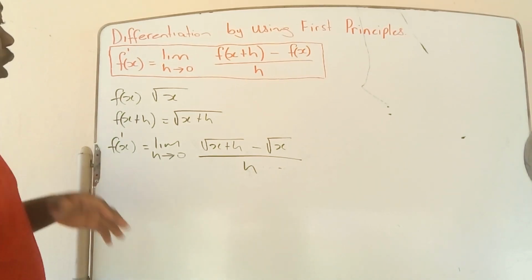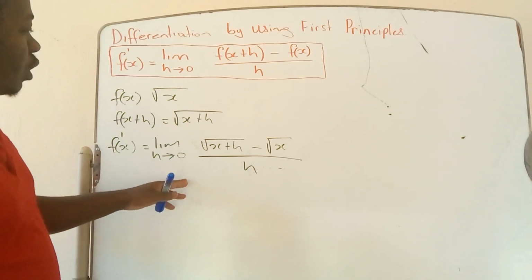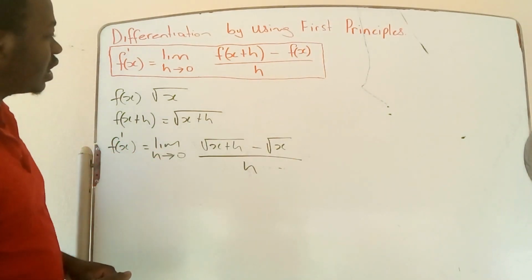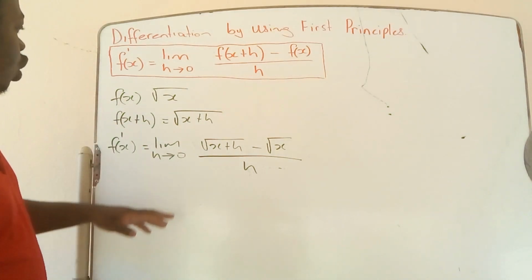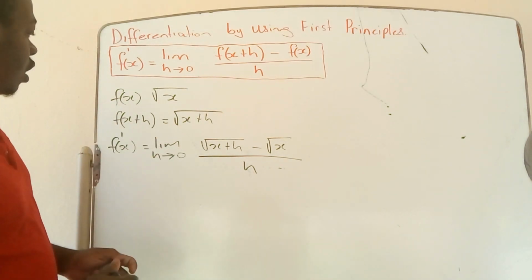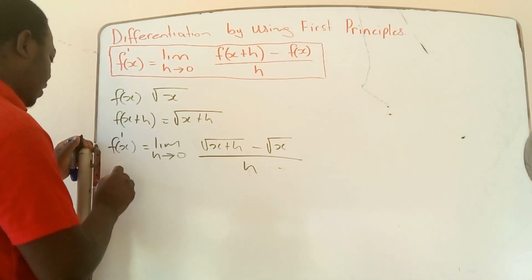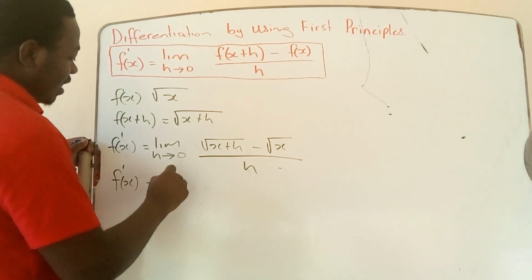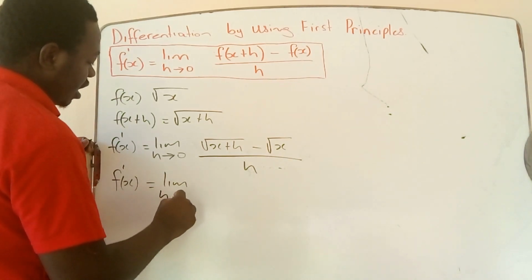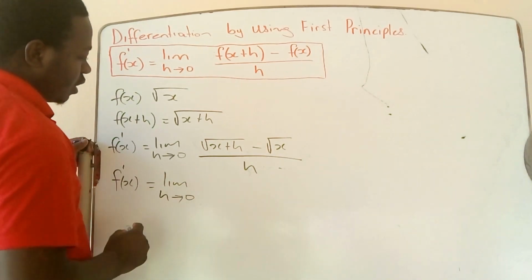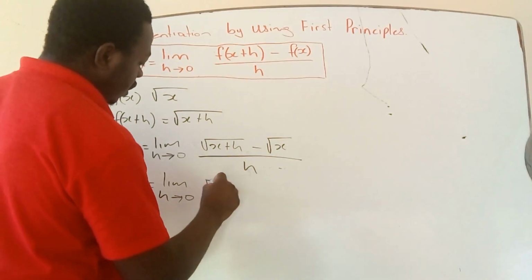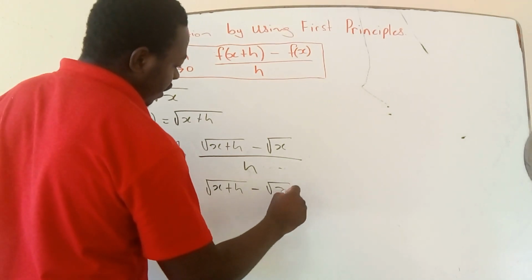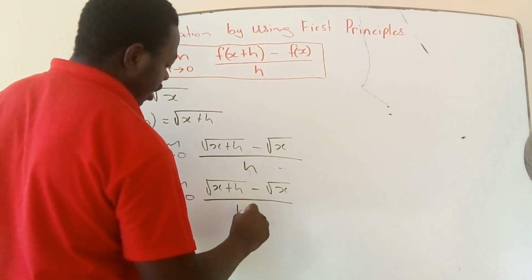This is interesting. What you can do at this point is multiply by the conjugate of the numerator, and you will get rid of the root sign, right? Now, f of x prime is equal to the limit as h approaches 0, the root of x plus h minus the root of x all over h, right?